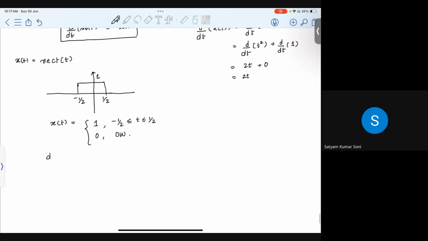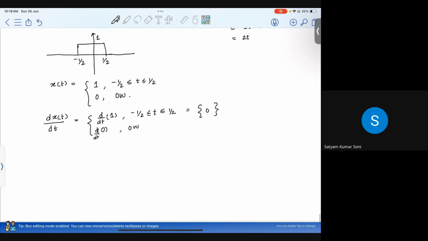When you take the derivative of this signal, it becomes d by dt of 1 when t is between minus half and plus half, d by dt of 0 otherwise, which is simply 0 for the whole signal when you differentiate the rectangular signal.